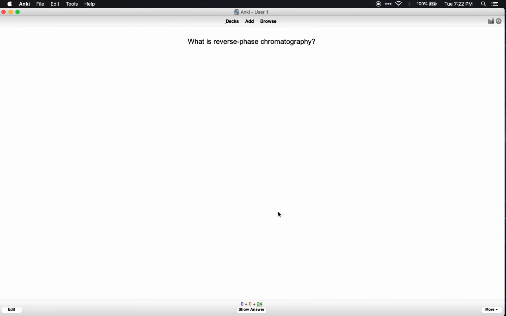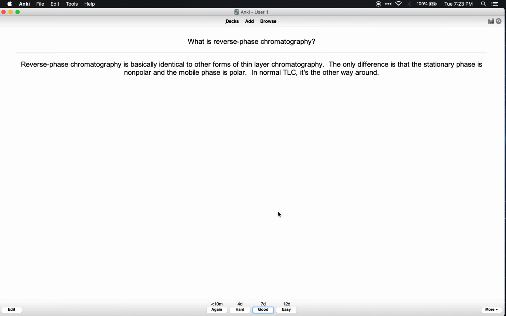What is reverse phase chromatography? It's basically the same thing as any other chromatography, like TLC and paper. The only difference is that the stationary phase is now nonpolar and the mobile phase is polar.